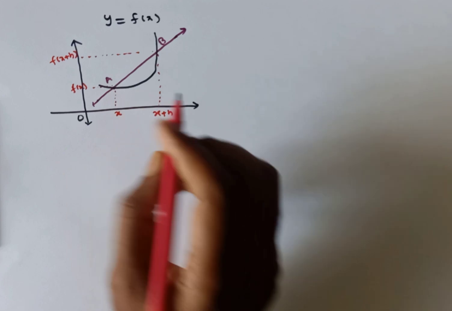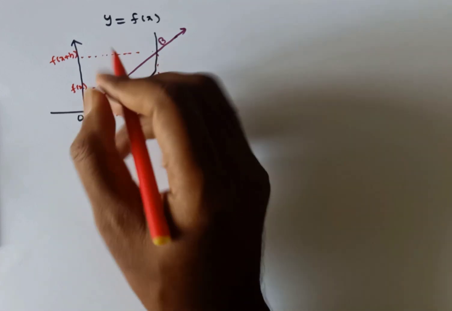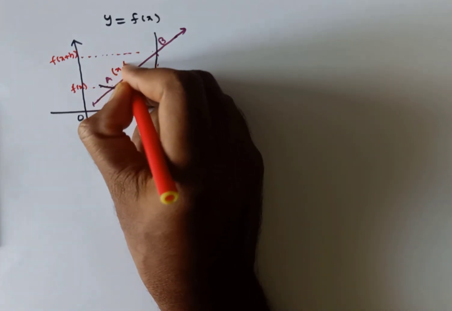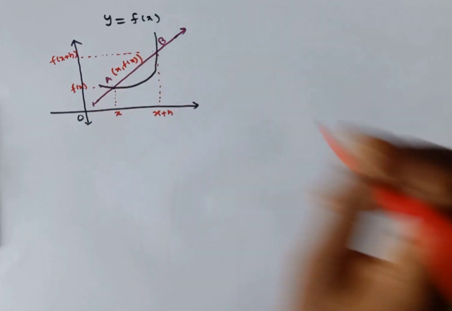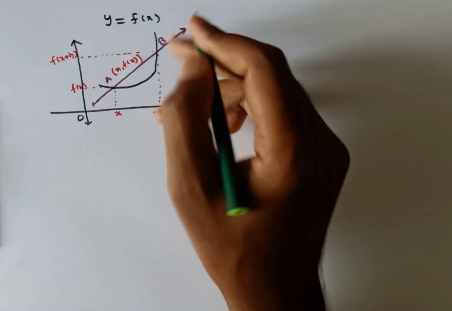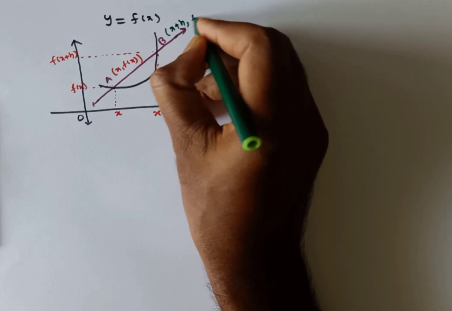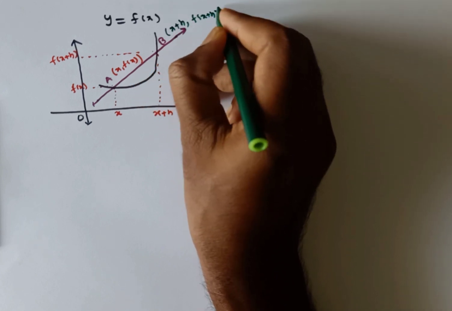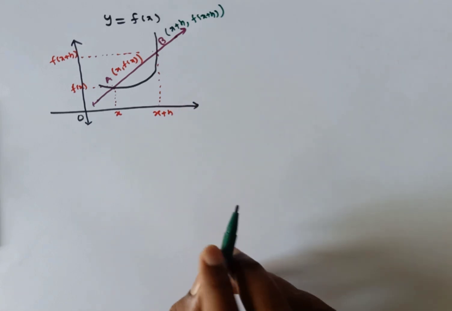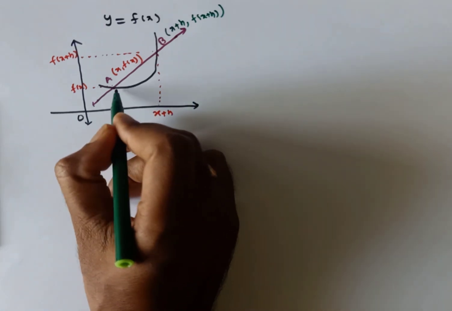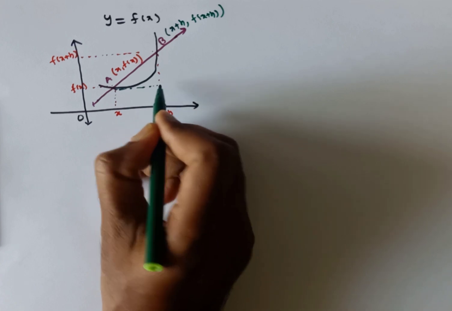Now, the point A is x comma f of x. And what about the point B? The coordinates of B are x plus h comma f of x plus h, right? So there is a change in x, and this indicates the change in y. This difference is the change in the y coordinate, and this difference indicates the change in x.